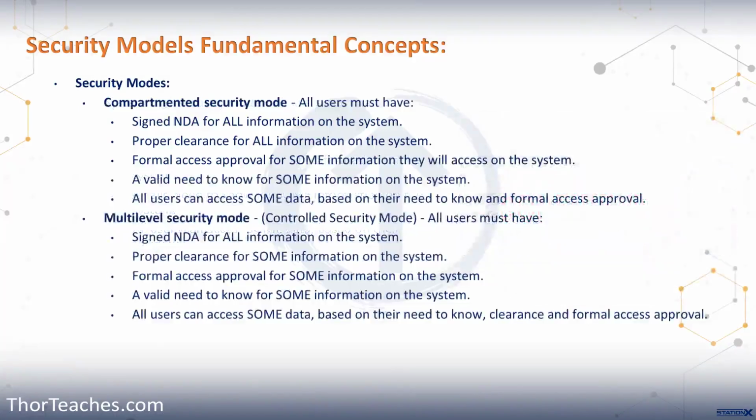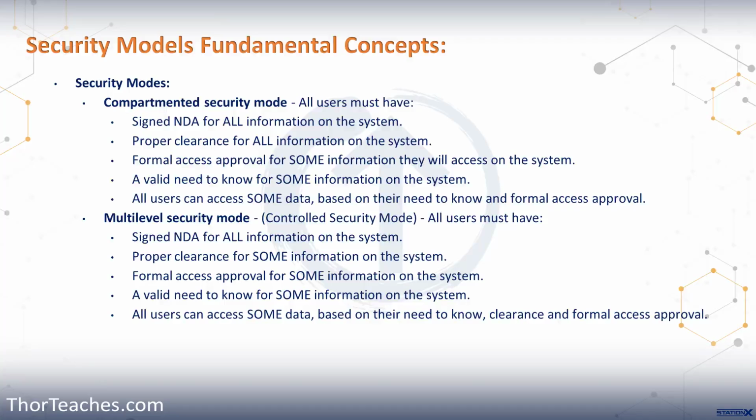And as the last 2 security modes, we have compartmented and multi-level security mode. Again, everybody has the signed NDA and the proper clearance for everything on the system, but they only have the formal access approval, the need to know, for some of the information. So what they can access depends on their need to know and their formal access approval.